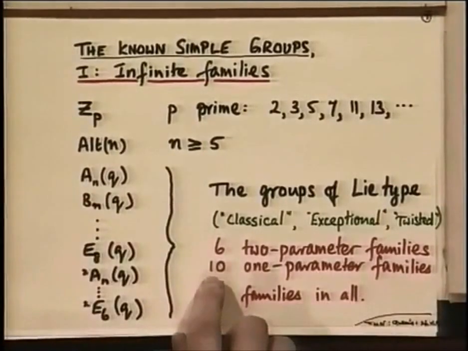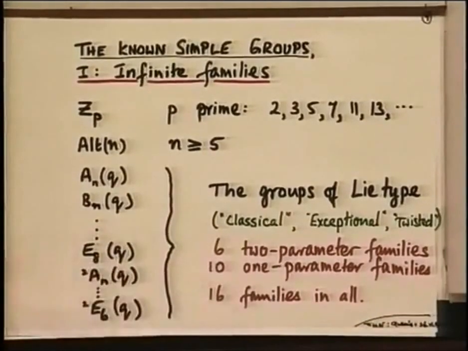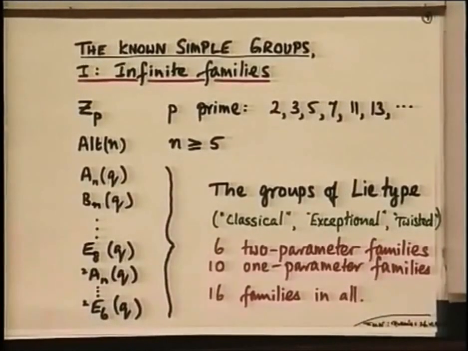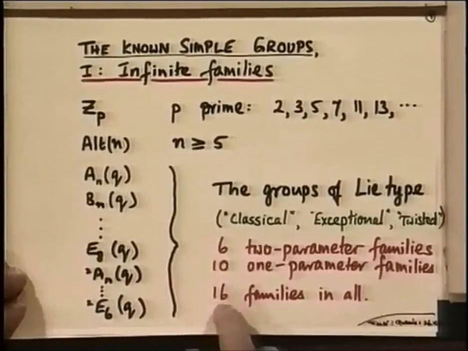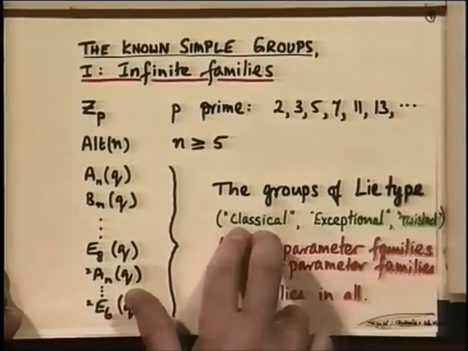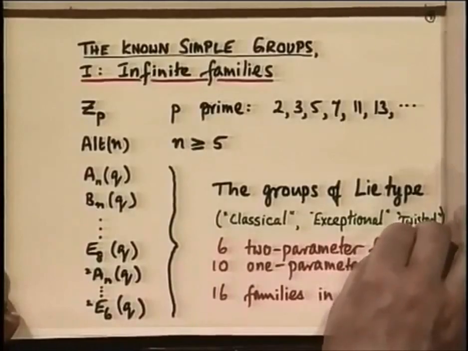Then there are 10 one-parameter families, like E8 of q, E7 of q, G2 of q, 2E6 of q, and so on. 16 families of these so-called groups of Lie type in all. Some of them are called classical groups, some exceptional groups, some twisted groups. Those are the infinite families of known simple groups.